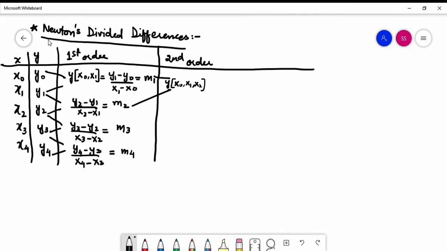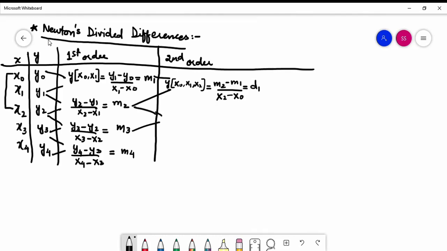Now the domain is increased to 3 points, and it is again rise over run: m2 minus m1 divided by the final point minus the initial point, where the final point is x2 and the initial point is x0. This is how the second order divided differences are calculated, and let it be d1. That will be a constant.